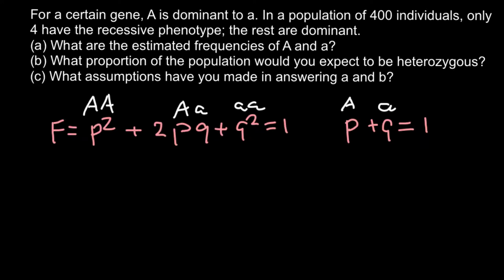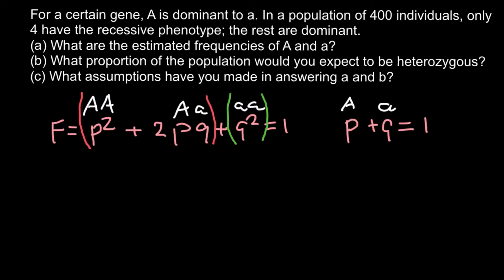And now we know that the frequency of the recessive phenotype is 4 out of 400, and these two genotypes here represent one dominant phenotype, and the other phenotype is represented by this genotype. Since the frequency of this genotype is 4 out of 400, we can tell that it would be 1%.